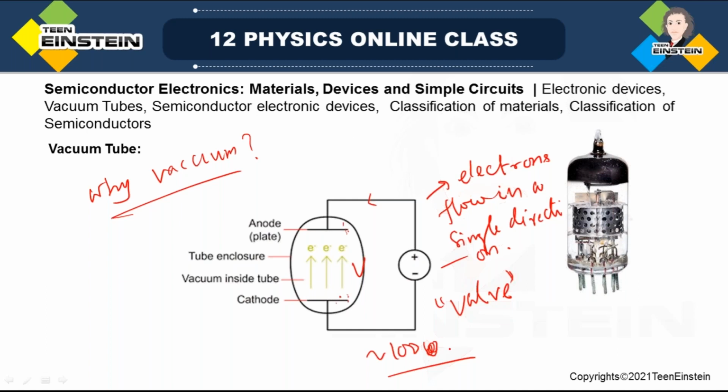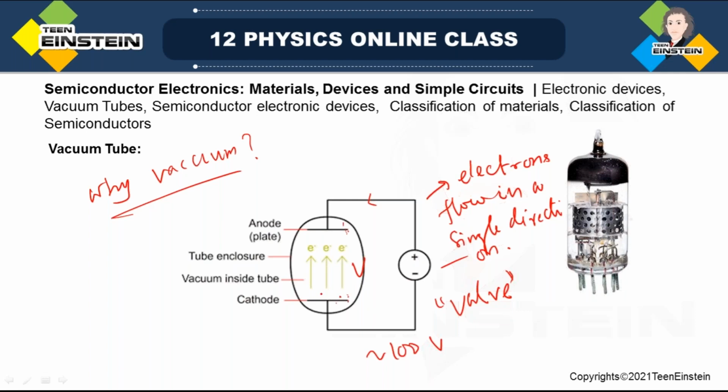Nearly 100 volts are required to operate such a vacuum tube. Since these are bulky and consume a lot of power, they are not reliable.